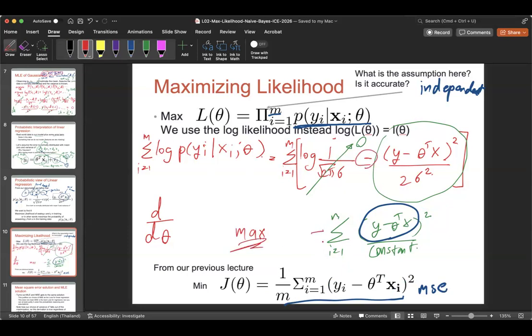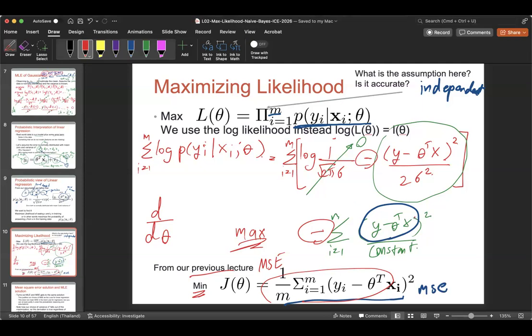So we want to maximize some negative thing, while in MSE we want to minimize some positive thing. So they are equivalent. Maximizing something negative is minimizing something positive. You just flip the sign. Minimizing becomes maximizing if you flip the sign.